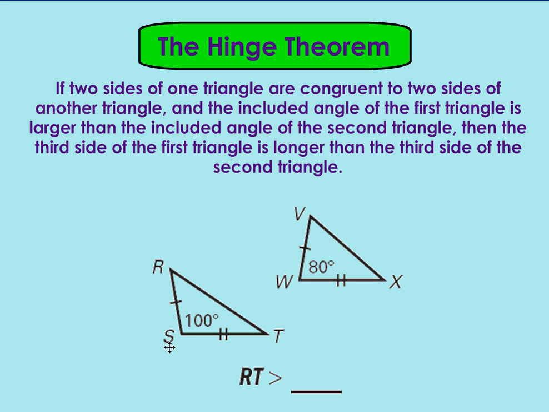So if we have two sides of a triangle that are congruent to two sides of another triangle, that is this first statement.